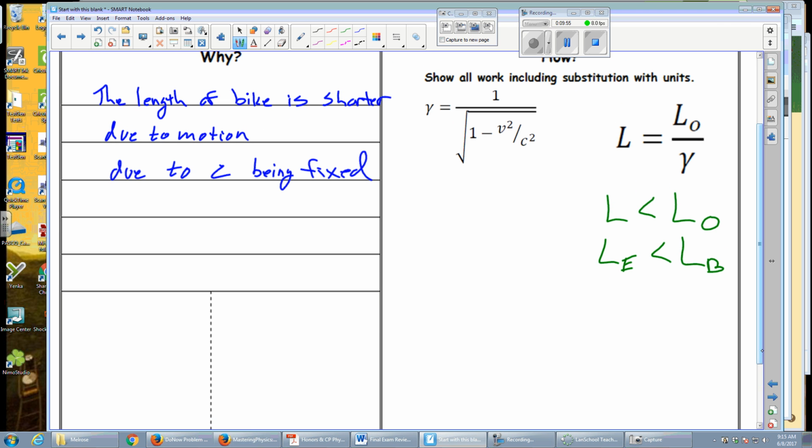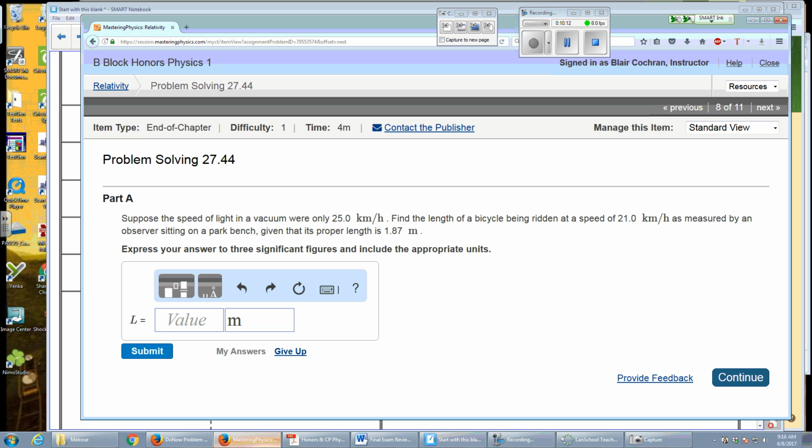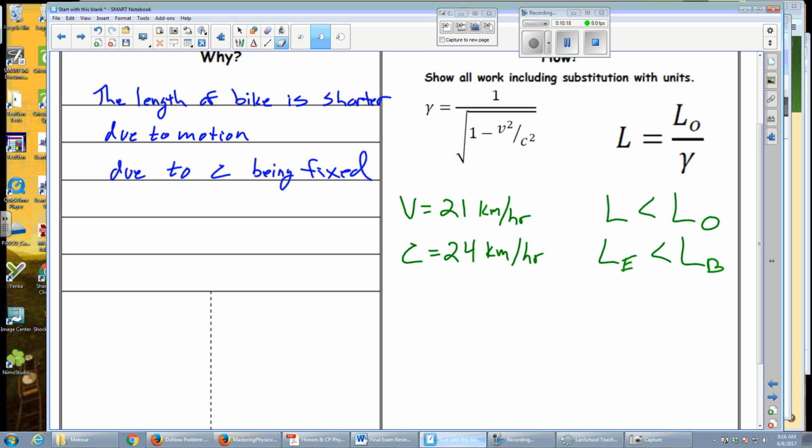The only difference this time is that we're told v is 21 kilometers an hour and c is 25 kilometers an hour, and I'm given the length of the bicycle, 1.87 meters.